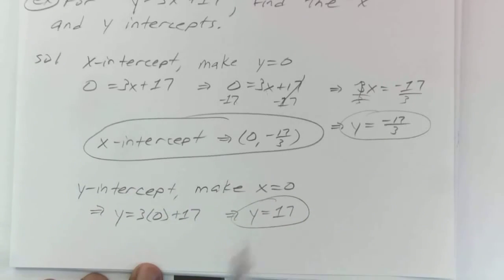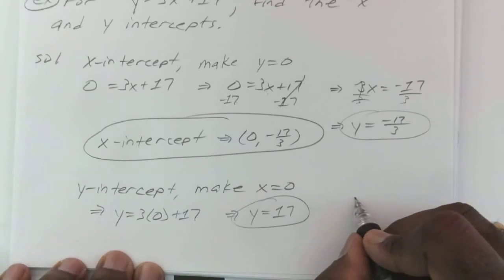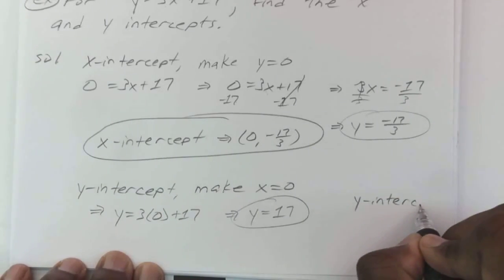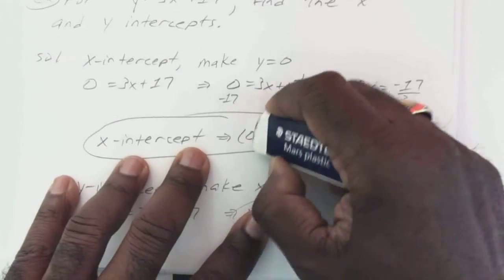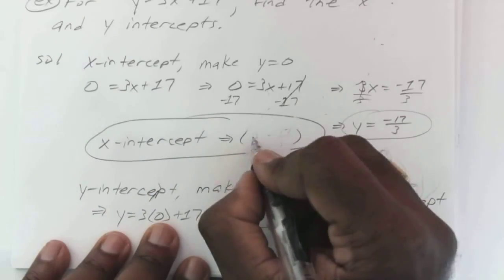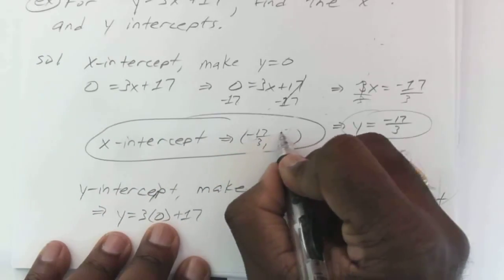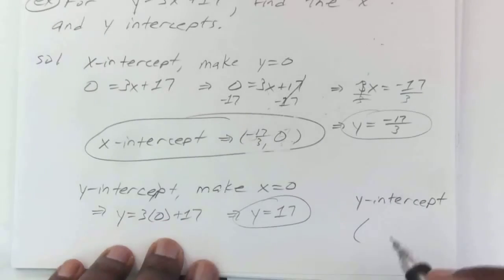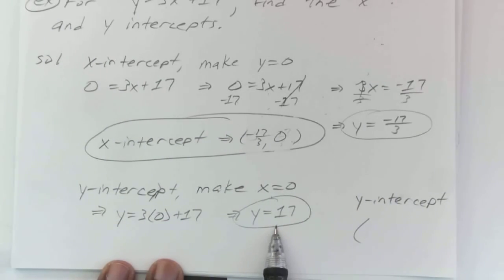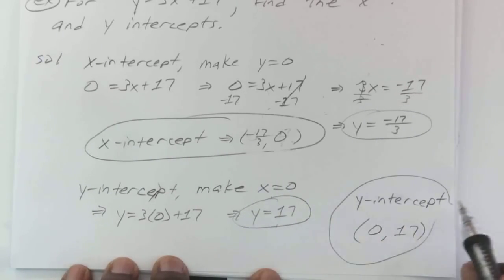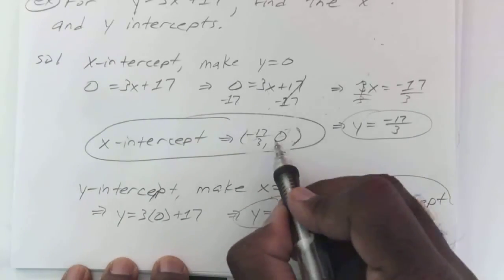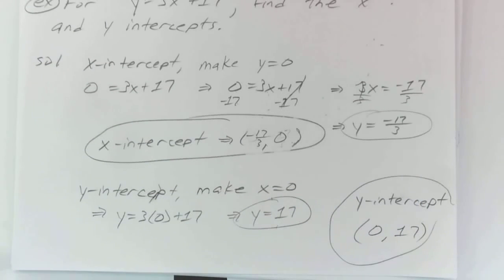So for your y-intercept, your x is equal to 0 and your y is equal to 17. Oh, this should be flipped around. That should be x.